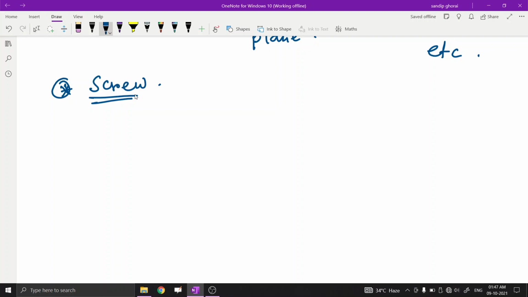A screw is a cylindrical rod marked with a winding spiral edge called thread. If we take this, this is your screw, and here we also get a spiral.